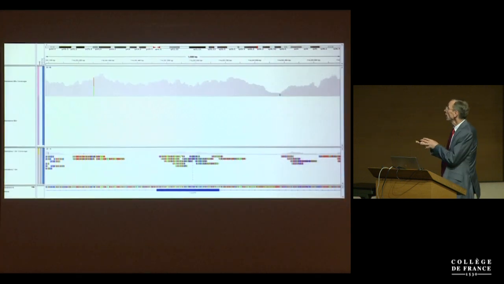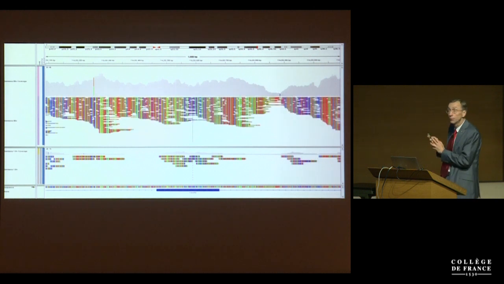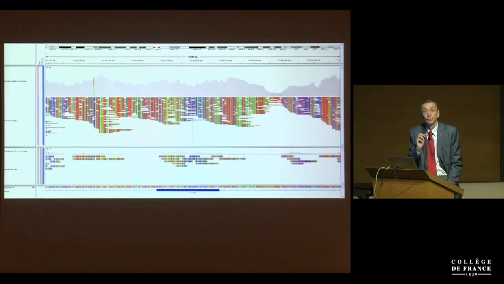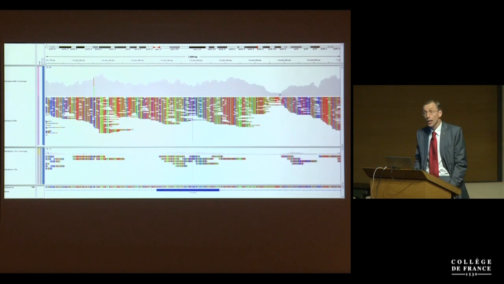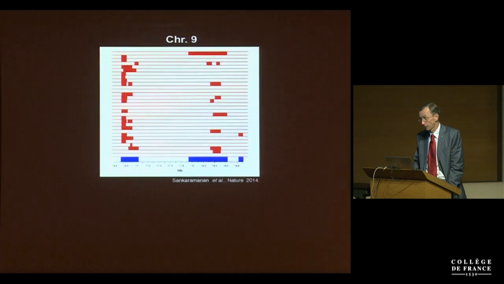And this allowed us to go from a Neanderthal genome where we only covered a little over half of the whole genome by these fragments to a very good genome where we cover every position actually over 50 times over. So we now have a genome where, in the parts that we can match these short fragments to, the quality is higher than most genomes that one would sequence from individuals today.